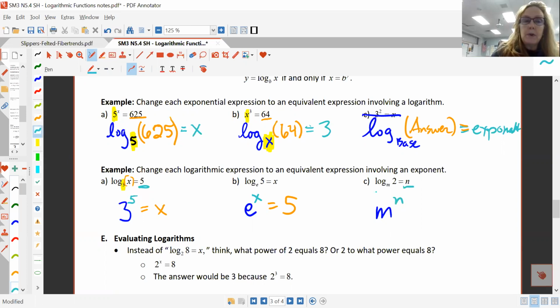N is my exponent. Two is my operator, okay? So if you'll notice, essentially, they kind of switch places. x goes from outside all by itself into the equation. 5 goes from inside the equation to outside as the answer, all right? So that's how you think about them.